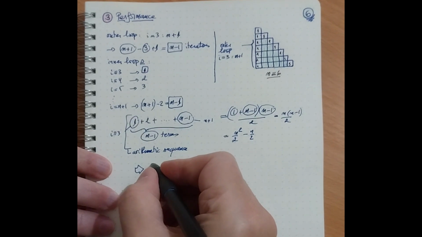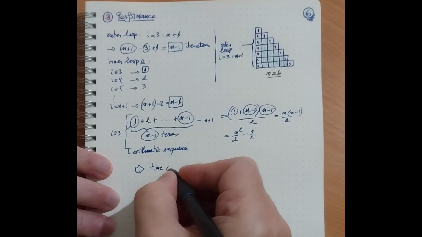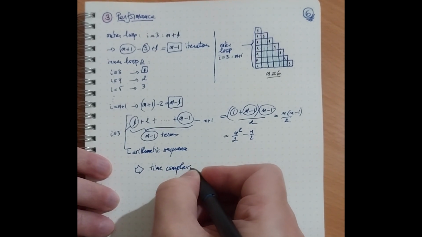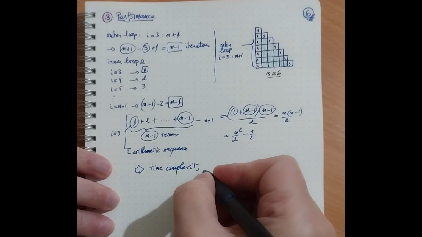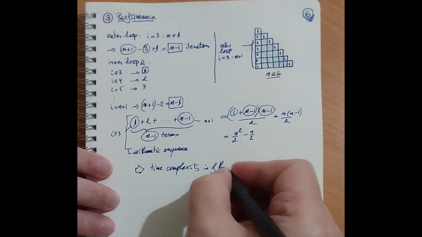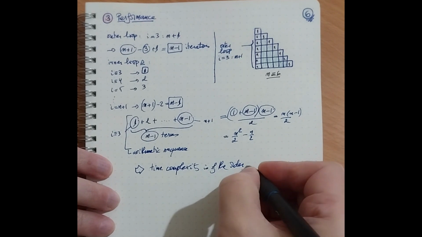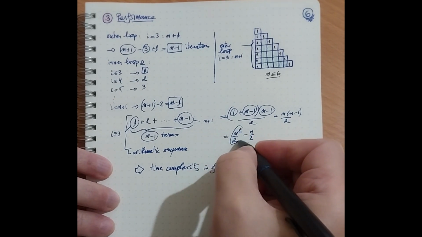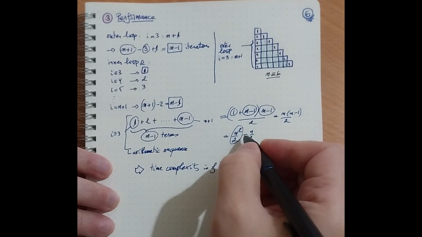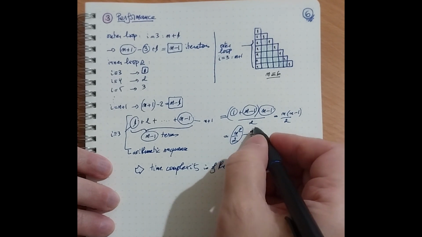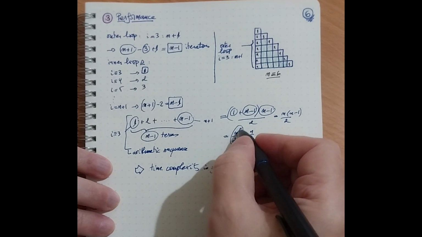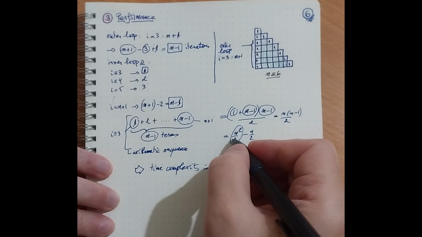So the time complexity is of the order n squared. This term, when n gets sufficiently large, is neglected compared to the other one.